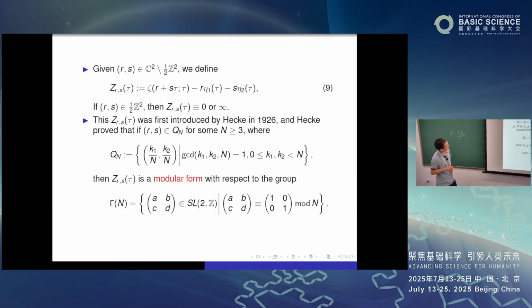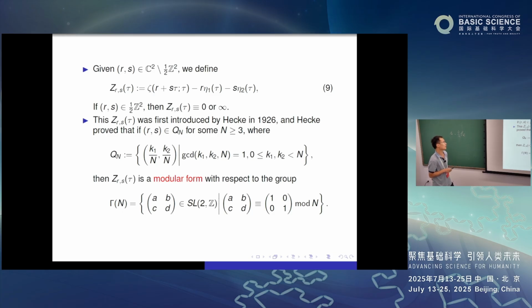Now, given two parameters r and s, we define Z_{r,s} as a function of tau using this zeta function and two quasi-periods eta_1 and eta_2. If r and s are both half integers or integers, then this function is trivial, so we don't consider r and s being half periods.